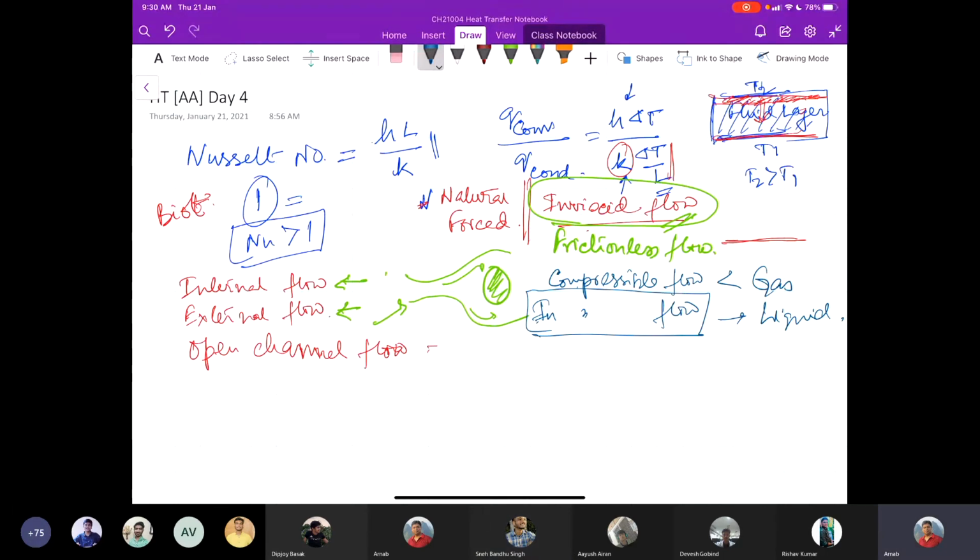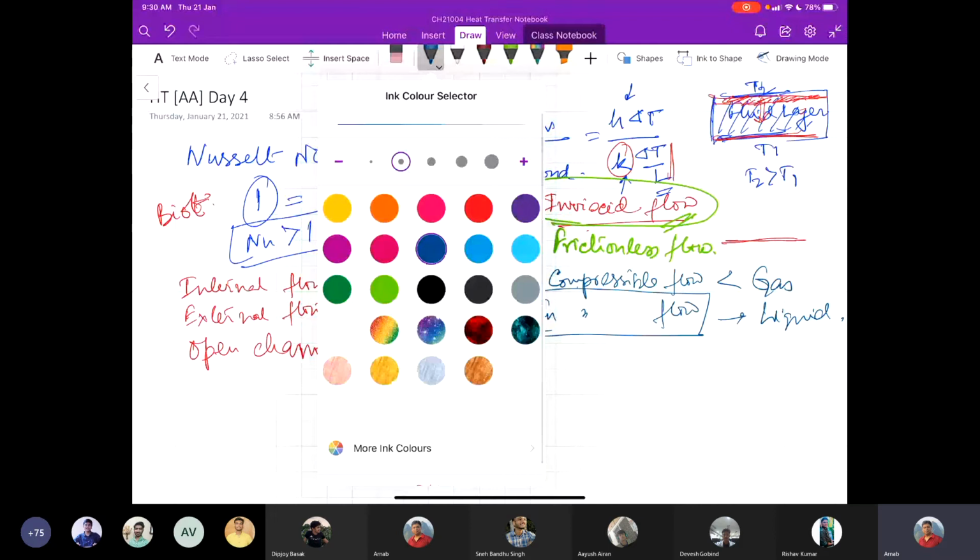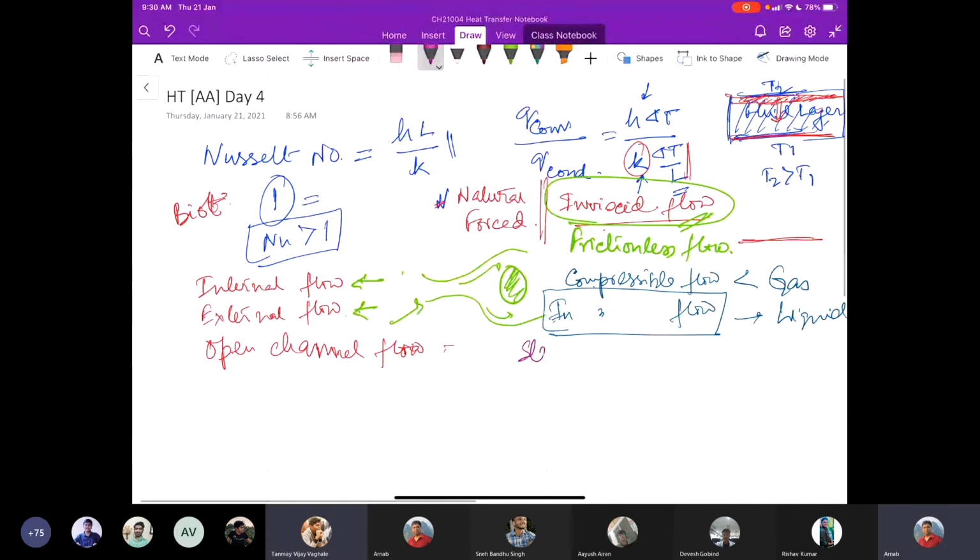Okay, and uniform flow. Velocity doesn't change with space coordinates. So steady may change with space, but uniform means there is no change with location as well.